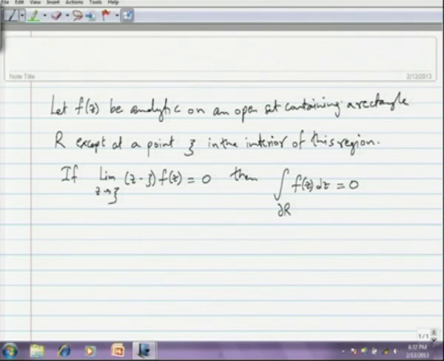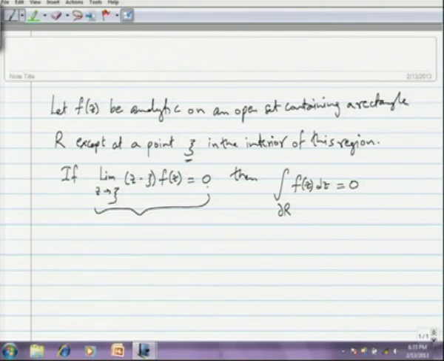So, we have almost the same setting, except that there is a special point zeta where f is not analytic, perhaps it is not even defined there, but what is important is that it satisfies this mysterious condition.